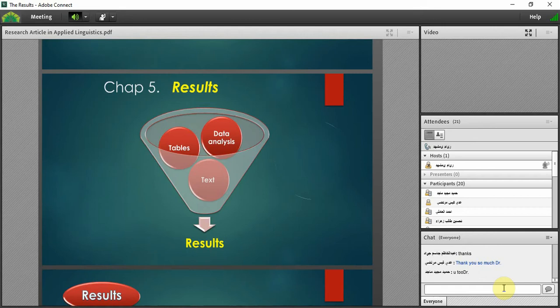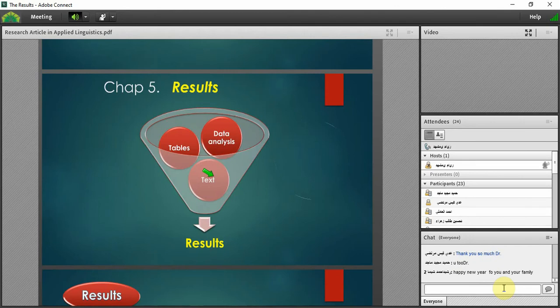Okay, my dear students, as you can see here, a snapshot of Chapter 5, or the results sections of academic articles. Here is a snapshot of what the results section is all about. Let me use the pointer.